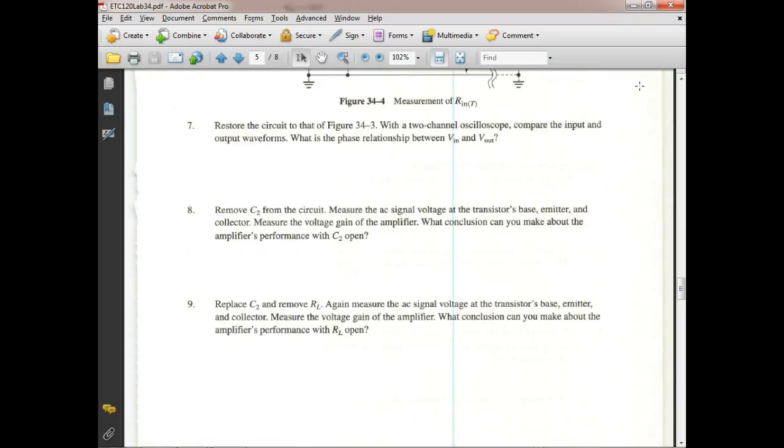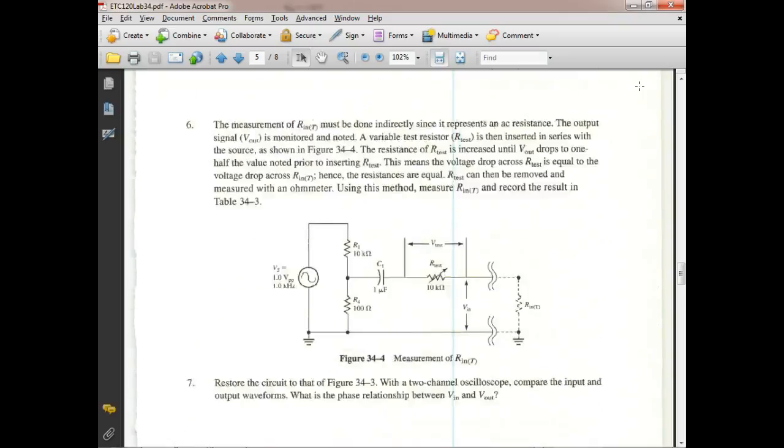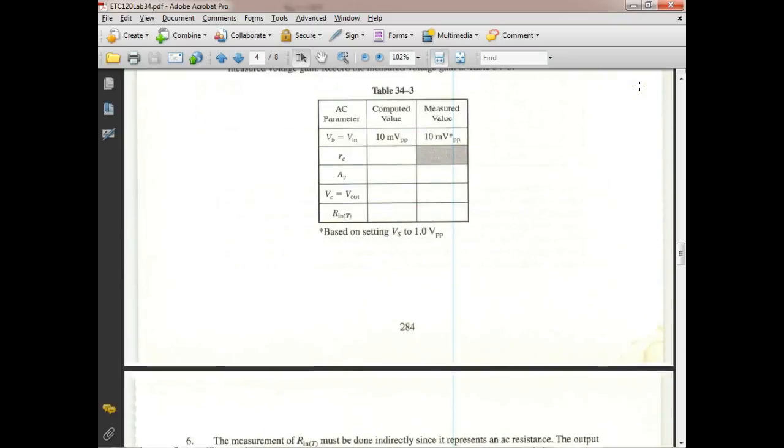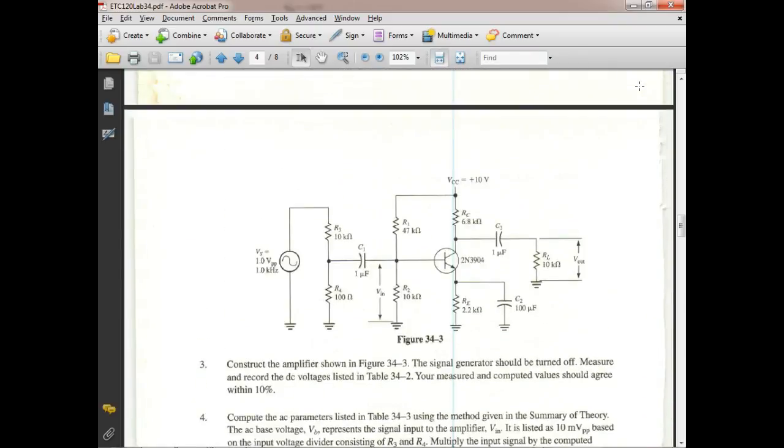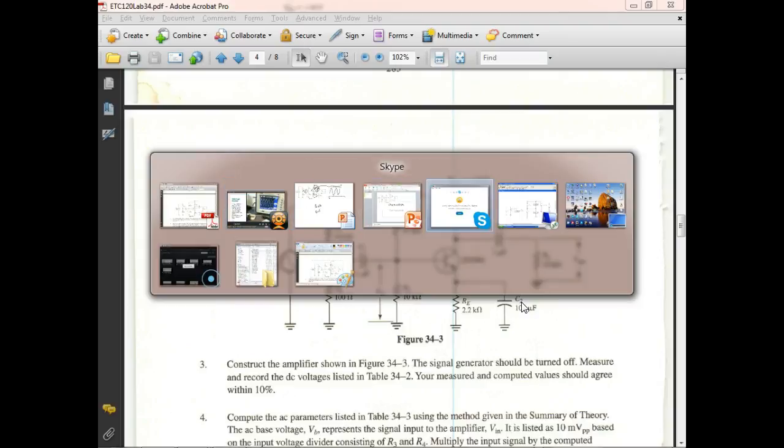So what's going to happen when I remove C2? What should we anticipate to happen? So here's C2 right here. Well, we've got two gain formulas.